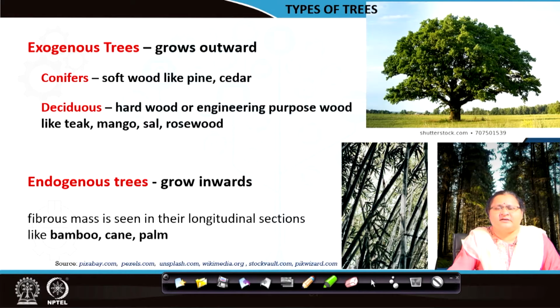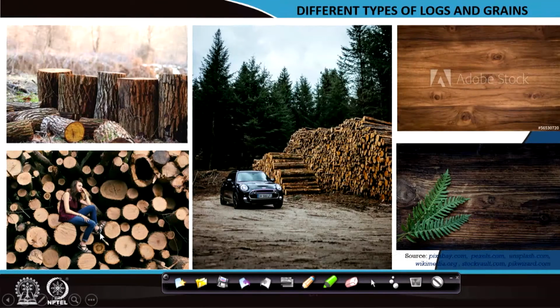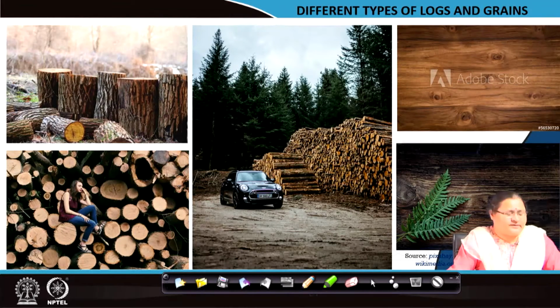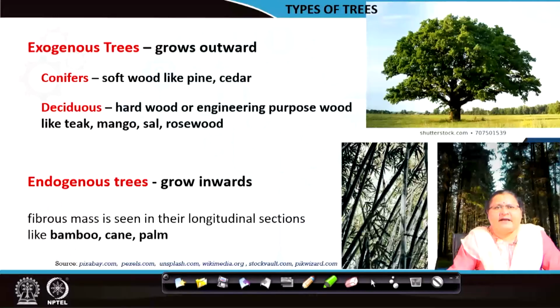The coniferous, seen in this picture, have a pale color and are actually softwood: pine, cedar, fir, birch. Deciduous cross sections are not so light in color, they are a little more brown, and they are used mostly for engineering purposes.